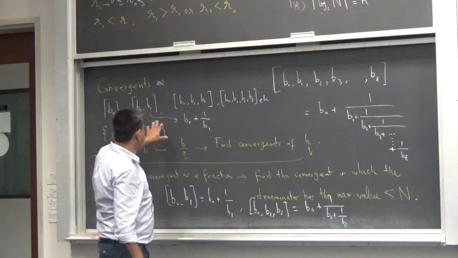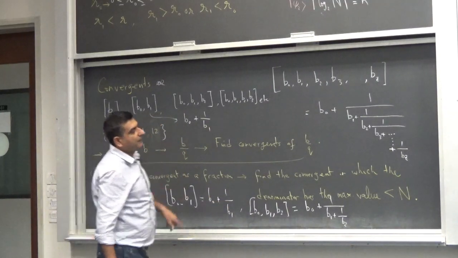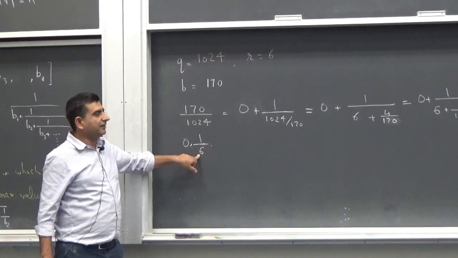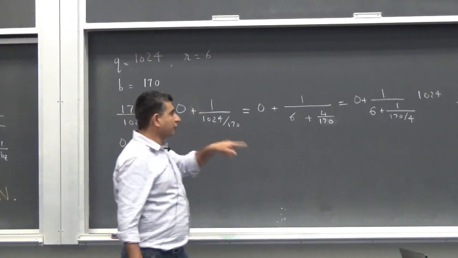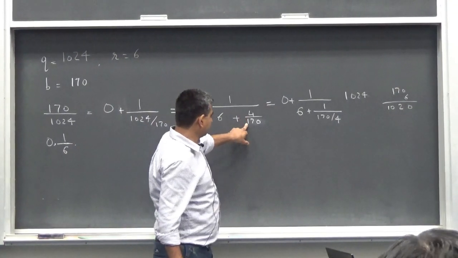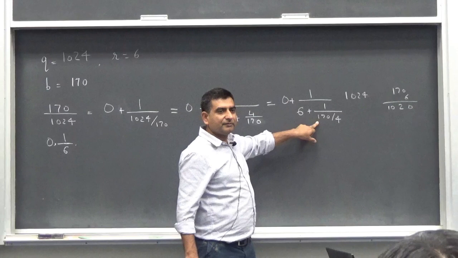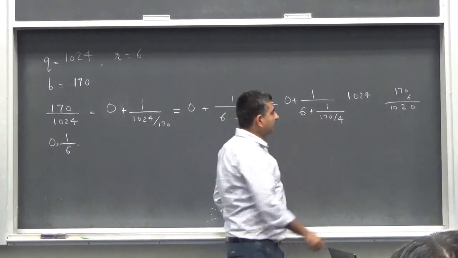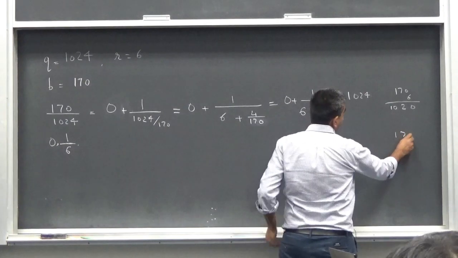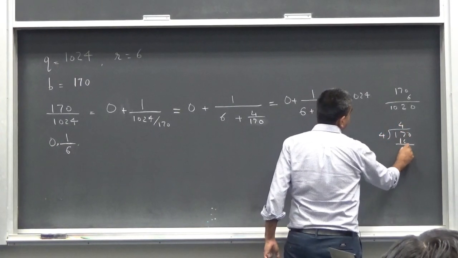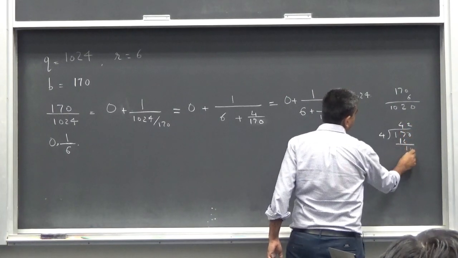So by this definition, our next convergent is going to be 1 over 6. What's the next convergent going to look like? In order to do that, we take this 4 over 170, we invert this, 170 over 4. Now if I look at 170 over 4, this is 42, 8, 10, 2, right?